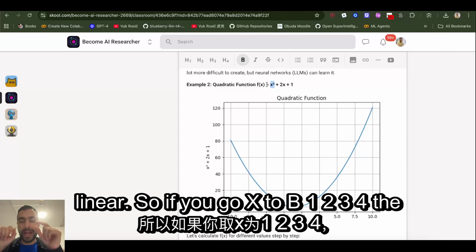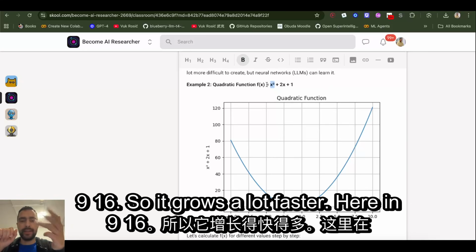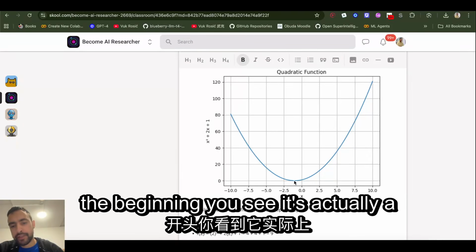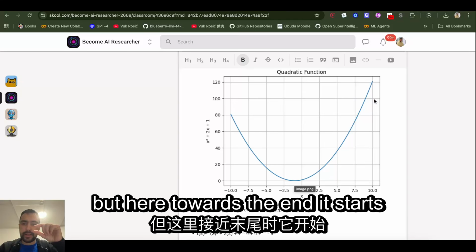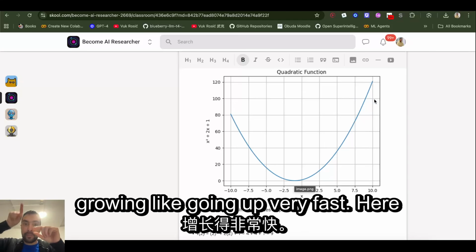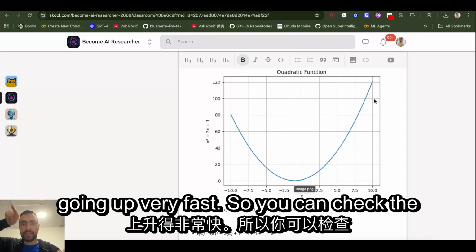If x is 1, 2, 3, 4, the squares of those numbers will be 1, 4, 9, 16. So it grows a lot faster. Here in the beginning, it's not growing so fast. But towards the end, it starts going up very fast.